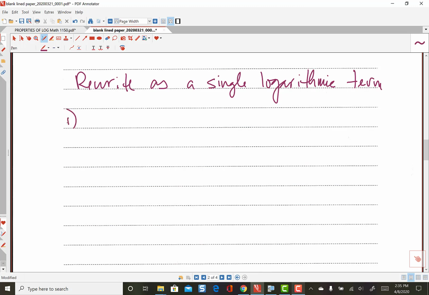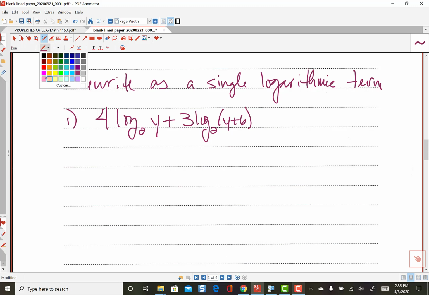Okay, so let's try a couple of problems here. So for instance, if I had, say, 4 times the log base 2 of y plus 3 times the log base 2 of y plus 6. First of all, the base has to be the same, so don't even worry about that. I've got these numbers, let's reattach them as an exponent.